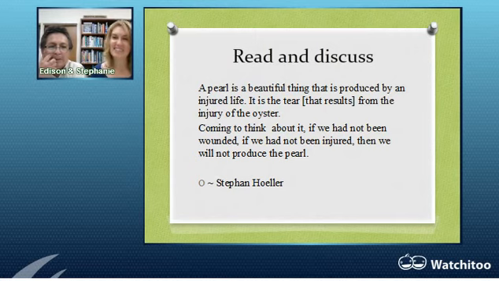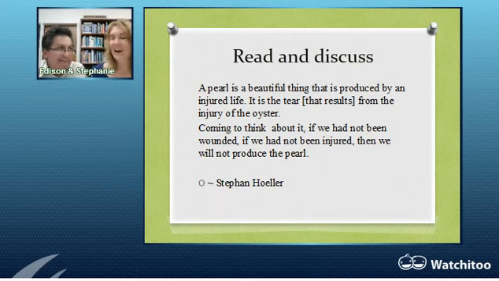Okay, so students have to read this little paragraph. A pearl is a beautiful thing that is produced by an injured life. It is a tear that results from the injury of the oyster. Coming to think about it, if we had not been wounded, if we had not been injured, then we would not produce the pearl.